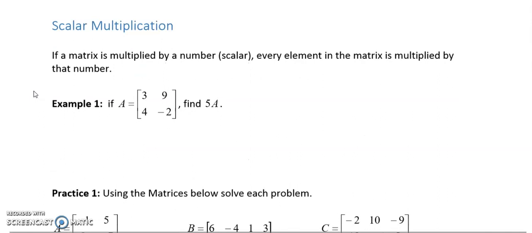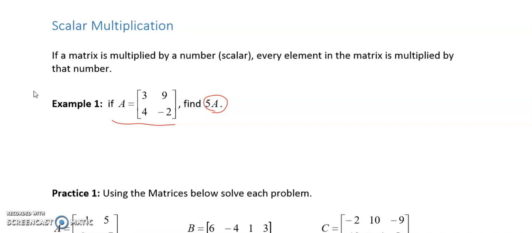Okay, a very simple thing that you can do with any matrix, and it doesn't have to be a square matrix, is something called scalar multiplication. Basically it just means that you can take a matrix. Here we have a matrix A. If you were to multiply that matrix by a scalar such as 5, all it means is that you would multiply every element in matrix A by the number 5.